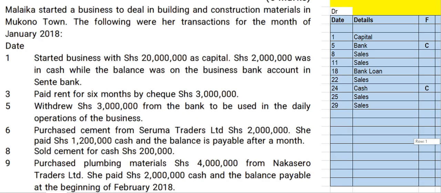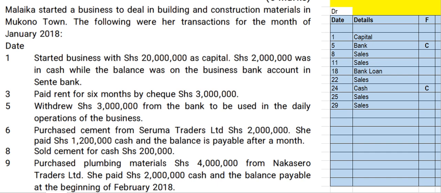Remember the cash book has two sides. It has the debit side as well as the credit side. On the debit side, when the business is receiving money, either cash or a check, that will be recorded on the debit side of the cash book. In this cash book, there has to be a column for cash as well as bank.